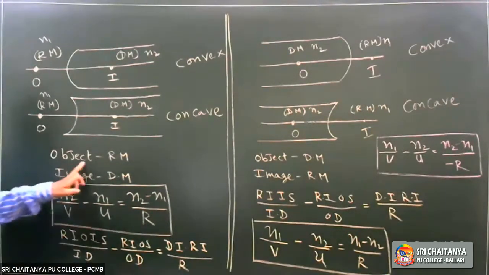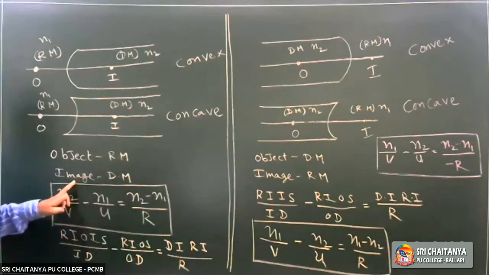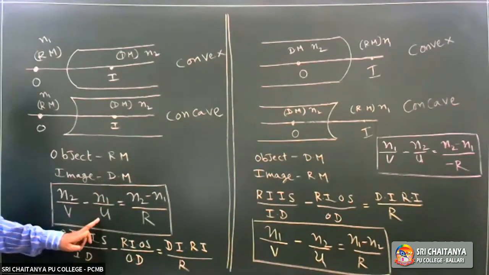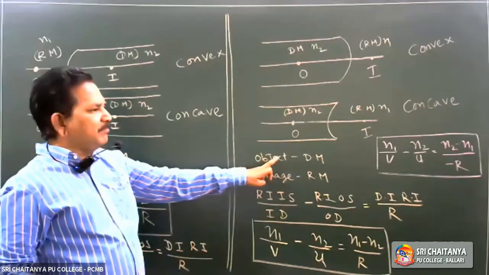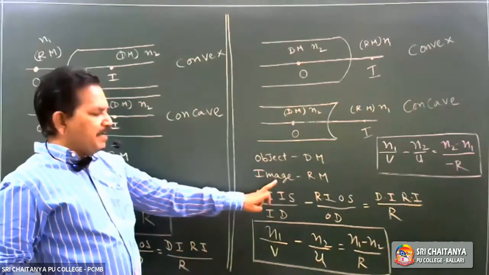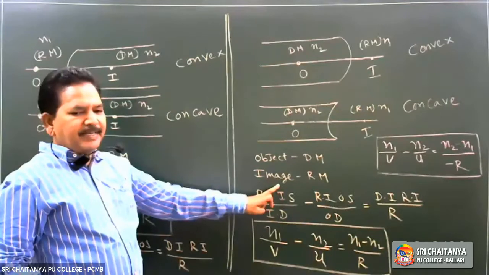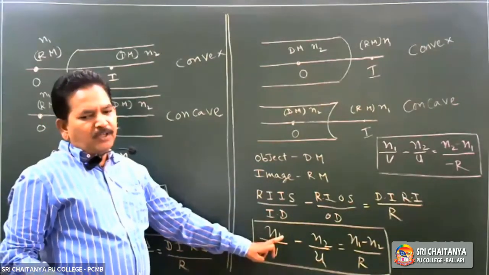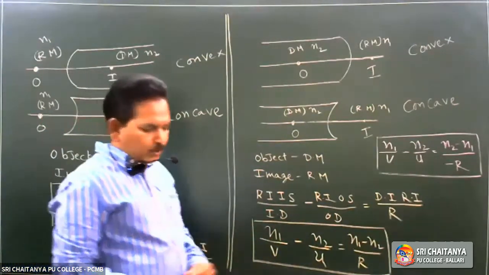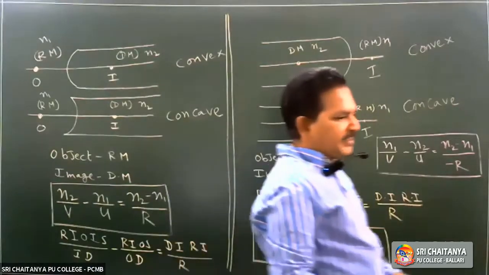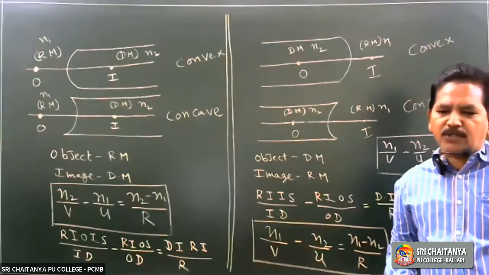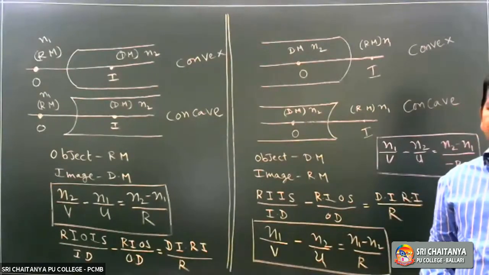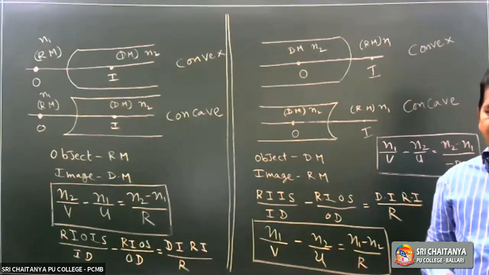If the object is in rarer, image is in the denser, this formula. If the object is in the denser medium and image is in the rarer medium, this formula. We are going to use these two cases in the lens maker formula derivation part also. There it becomes easy if you know this concept.